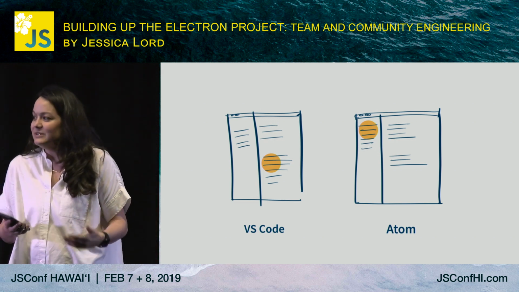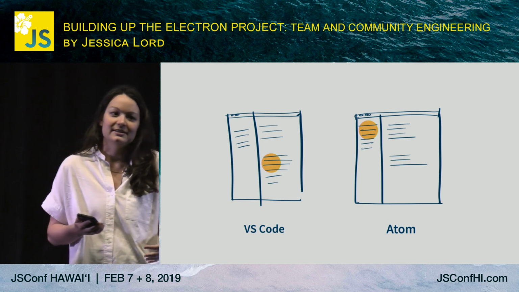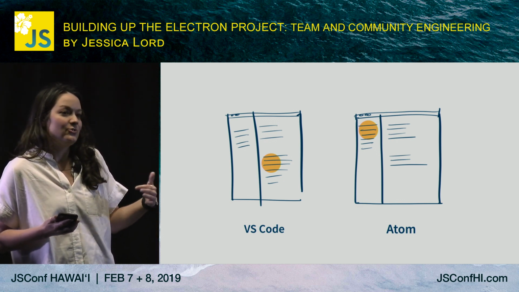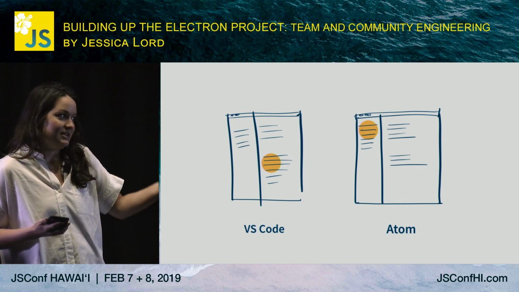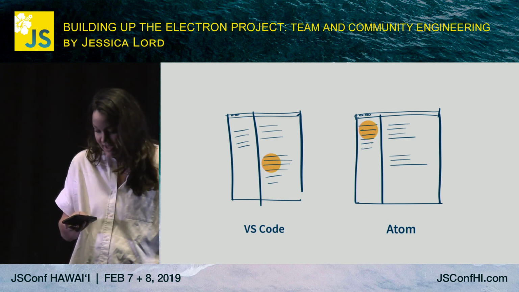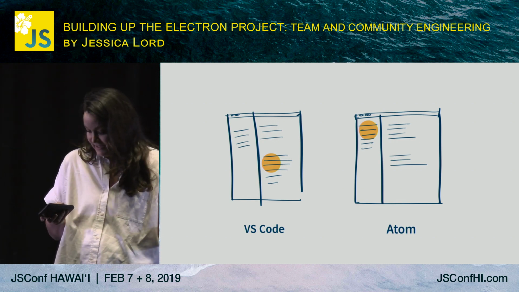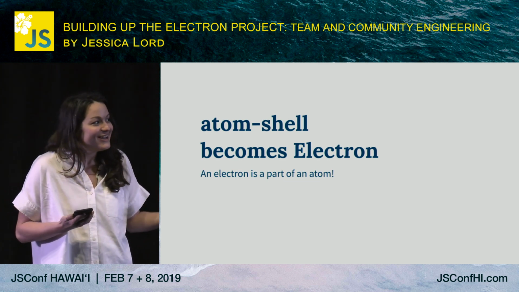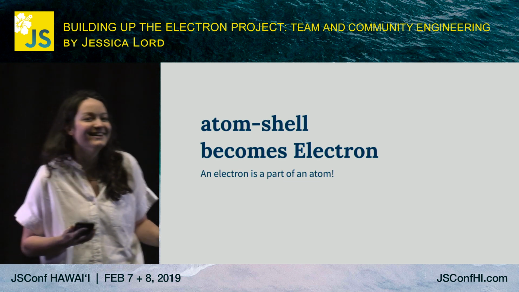And because you could build anything with Atom Shell, it just seemed really silly for whatever people built with it to be tied in name to Atom. So VS Code was the impetus to name Atom Shell Electron, which is a part of an atom.